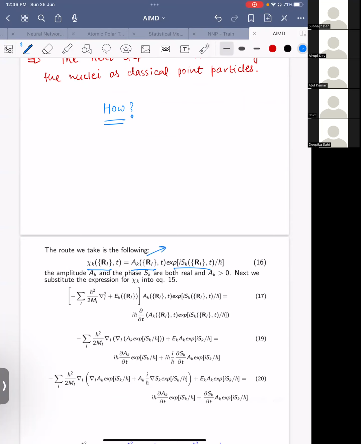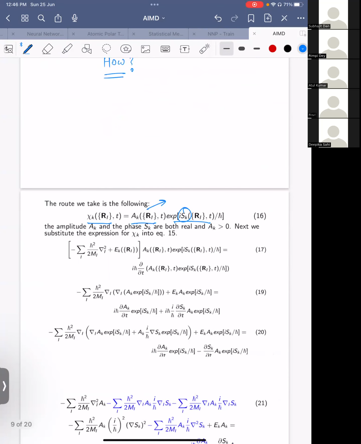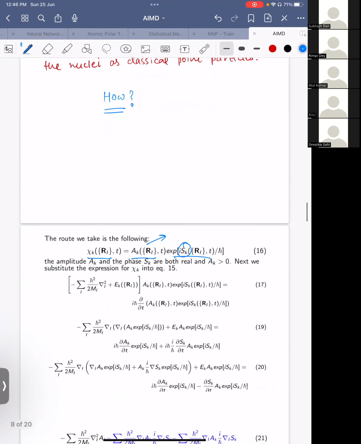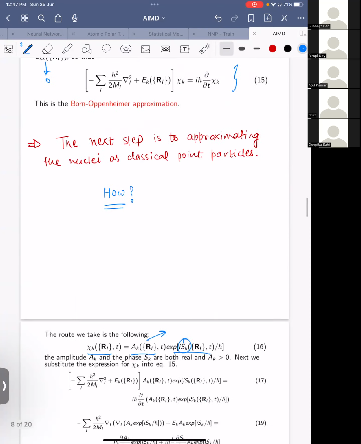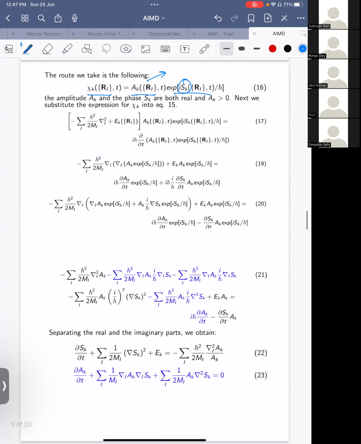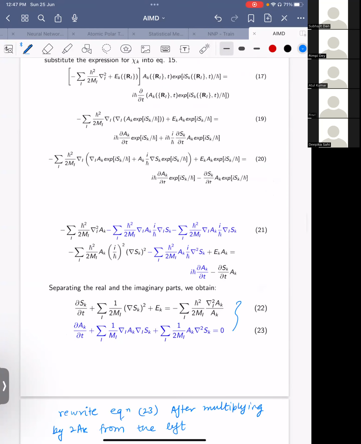The amplitude depends on the spatial part, and the phase factor is nothing but the action, which is the integration of the Lagrangian. If we put equation 16 into equation 15, solve, and separate the real and imaginary parts, we will obtain these two equations.